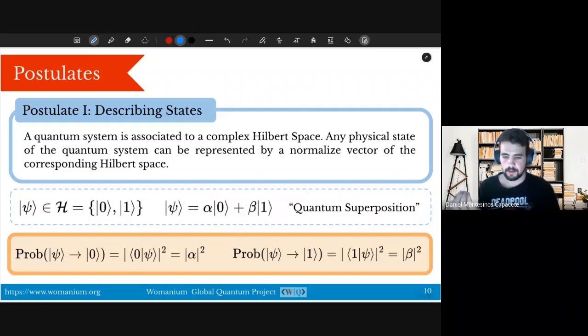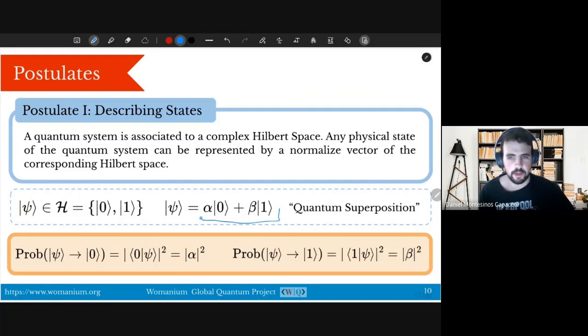It's going to be a complex Hilbert space, since the field we are working with is the complex numbers. And the funny thing here is, if we are working with spin states, for example, now I have called them 0 and 1. It could be the up state and down state. They are just labels, names. You can find a state in your Hilbert space that is a linear combination of both 0 and 1.